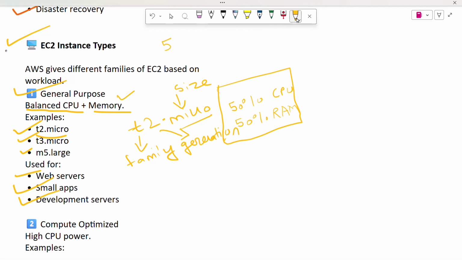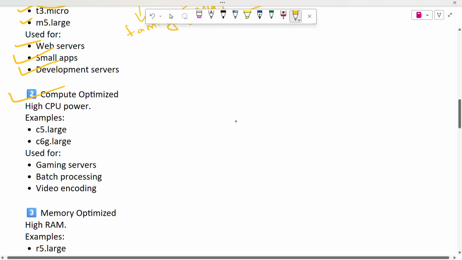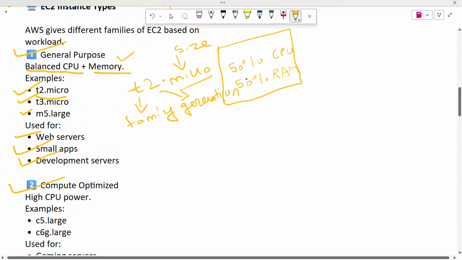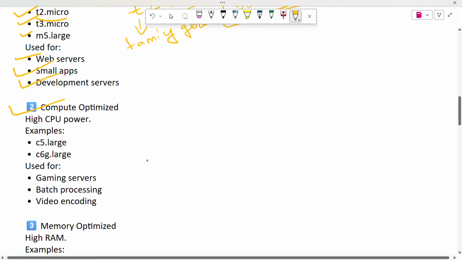Let's go ahead. The second instance type is the compute optimized instance. Have a look at the block which I have drawn above. In the general purpose instance, we were giving the same weightage to CPU as well as RAM. But that won't be the case in the compute optimized instance.